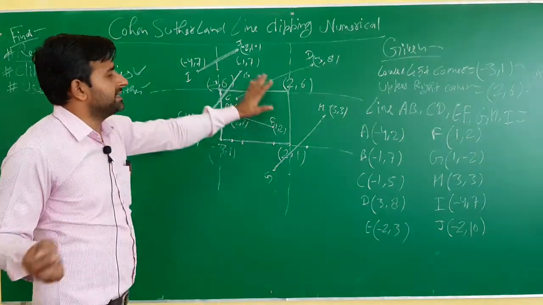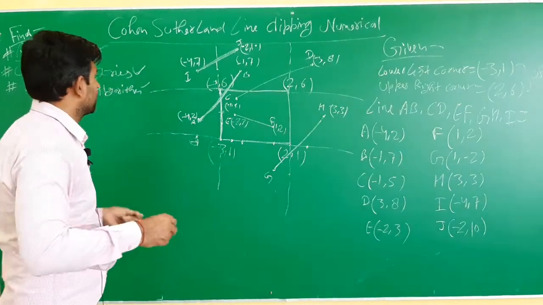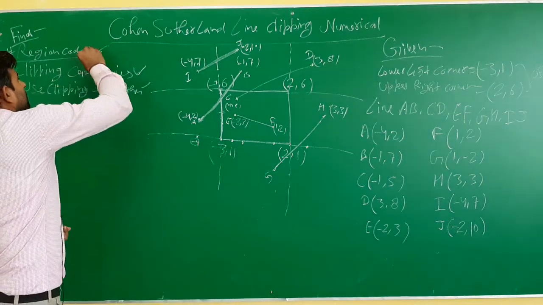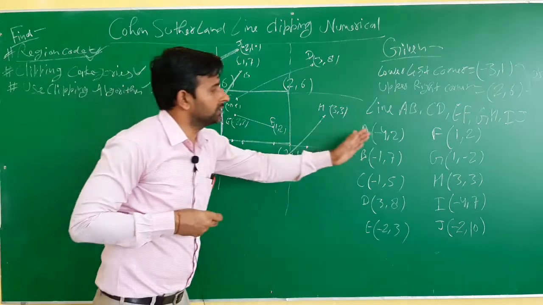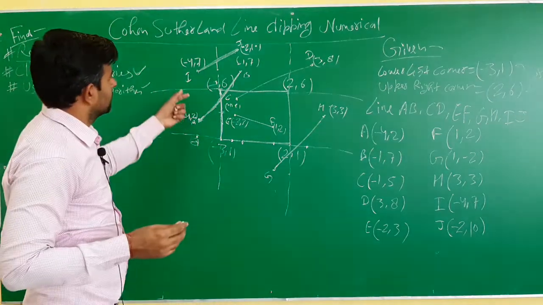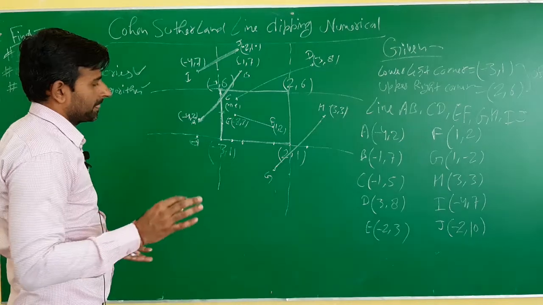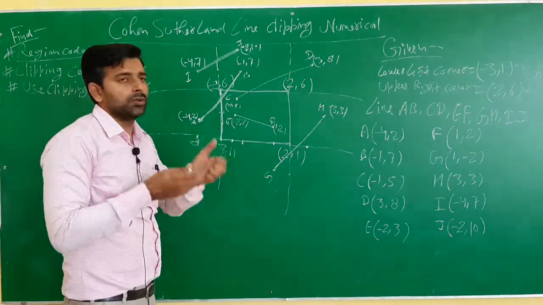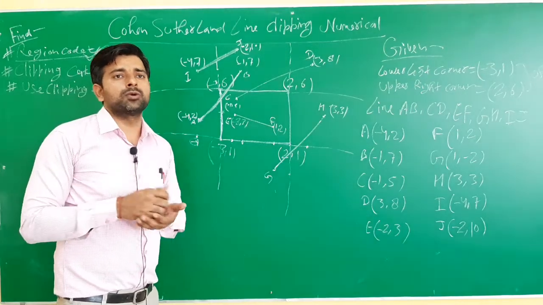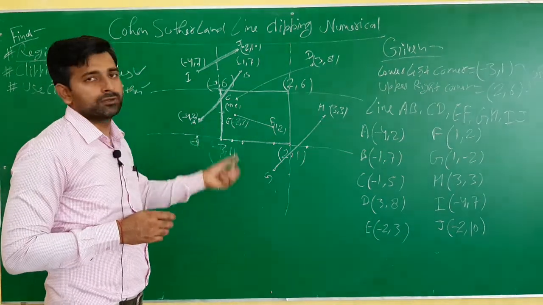After drawing these lines, we will complete our first topic, the region codes of all the points. Now we will learn how to find the region codes according to the window.